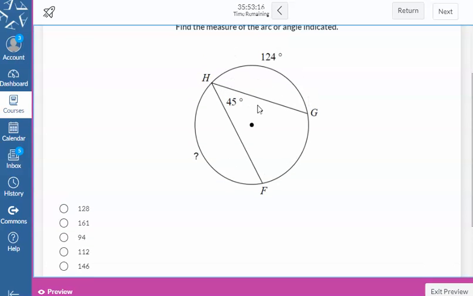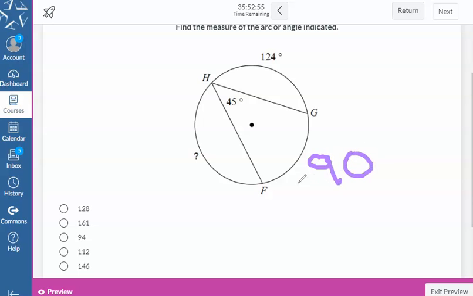This one is a little more difficult. You're trying to solve for this one. You don't have this arc, you have this arc, but you do have this angle. So you realize you can take 45 and multiply it by 2, and you get this arc right here. Then you have all the rest of the arcs besides this one. So you can take 360 and subtract these two.